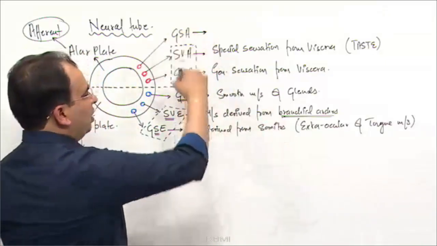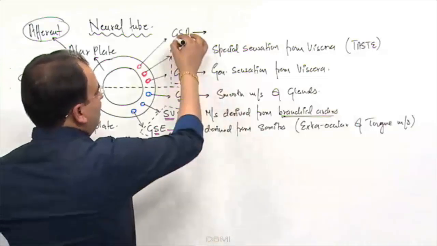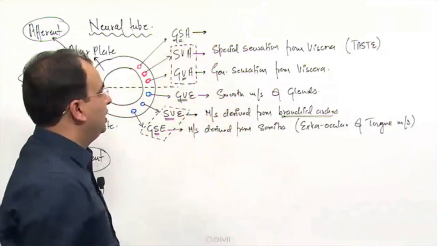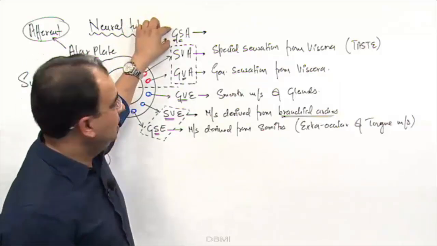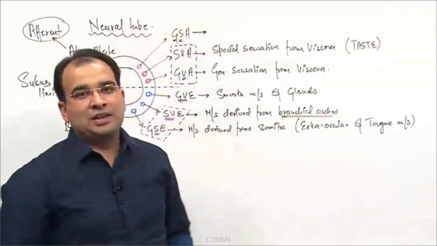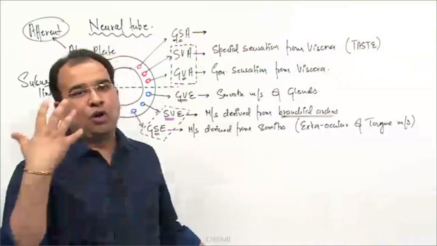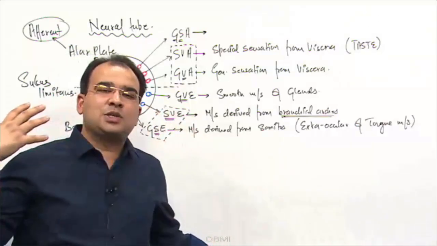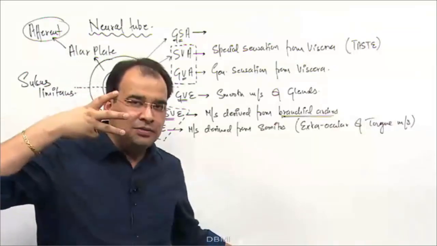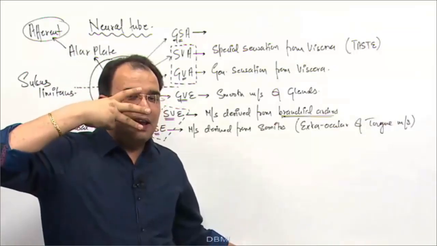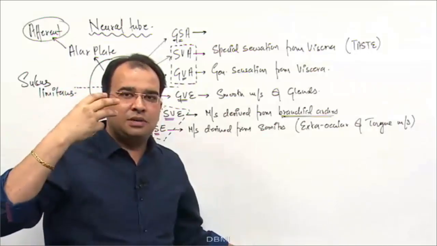Coming to the GSA column, the word is general somatic afferent. This time, the first type of sensation we are talking about is general sensation, but from where? From the somatic structure, from the body wall. All the general sensation from the body wall will go into this column, and the best example is the trigeminal nerve. My trigeminal nerve carries everything from my face: pain, temperature, touch, pressure.